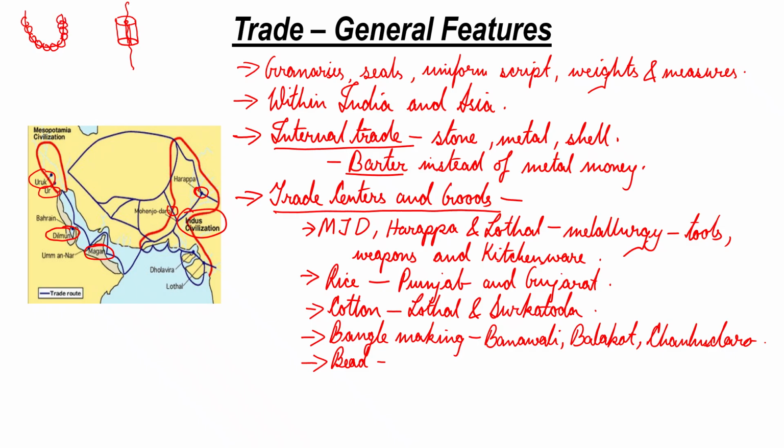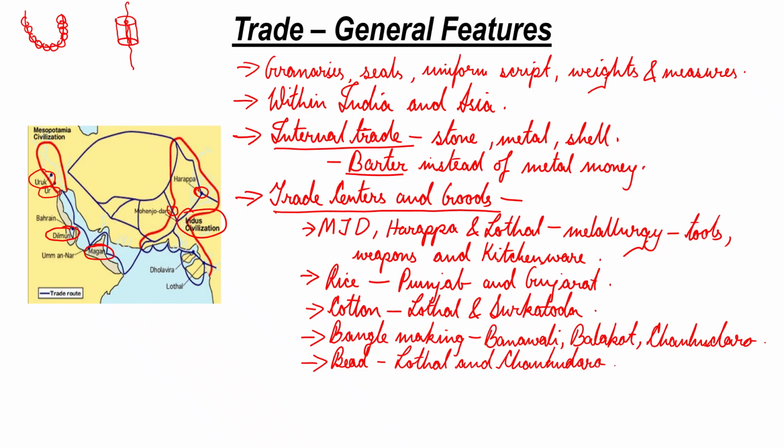So bead in Bengali, the exact translation is puthi. I don't know what it is actually called in Hindi. So bead making factories were there in Lothal and again Chanhudaro. So these are the major items and trading centers.